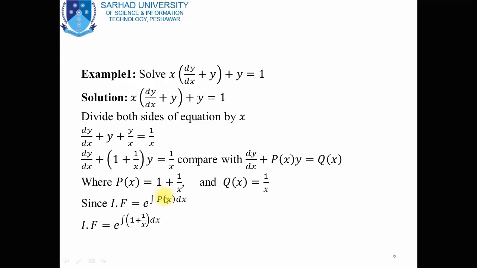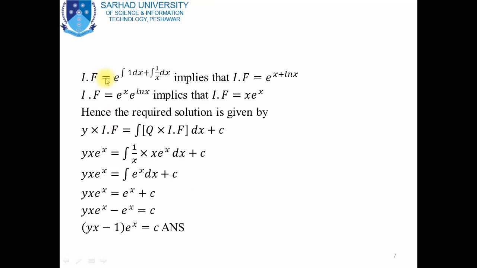If y is the dependent variable, then p will be a function of x. So to find the integral factor, e^(∫p dx), where p is 1/x with respect to x.